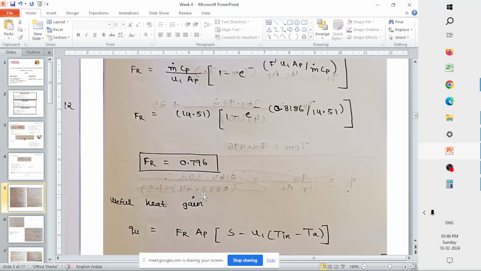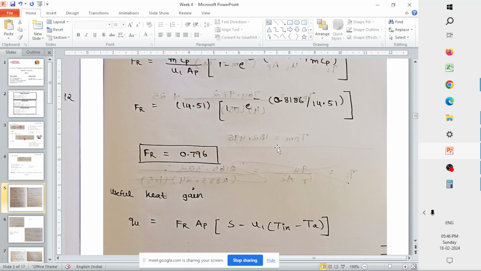If you do that, then your values, that is the transmissivity absorptivity product, will match with the options given. So it is better for these kind of questions to take up to 4 decimal places and then solve. If you do, your value will be 0.796.